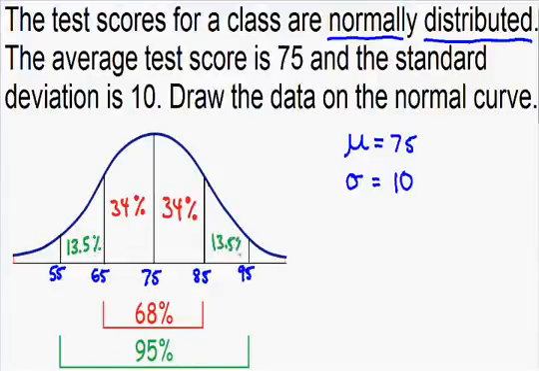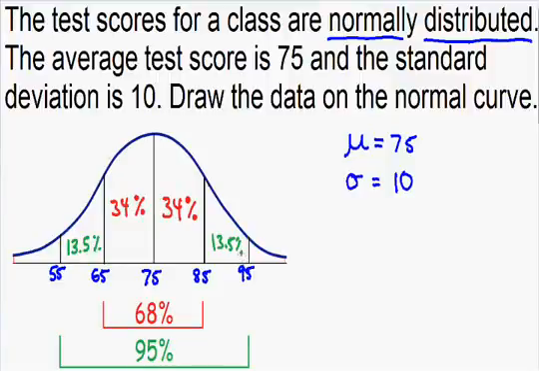This is because if we add 13.5% with 34%, with 34%, with another 13.5%, all together, that gives us 95%. So 95% of the area under the curve is between 2 standard deviations.